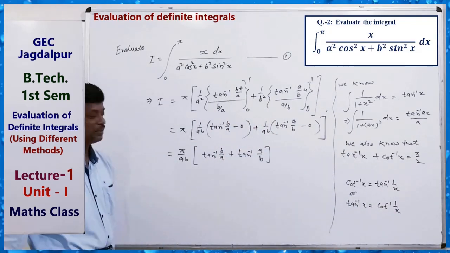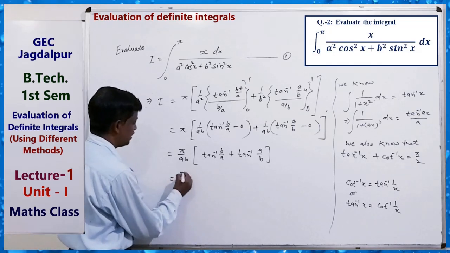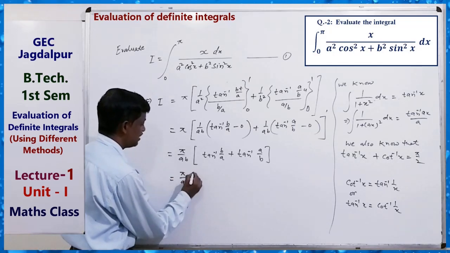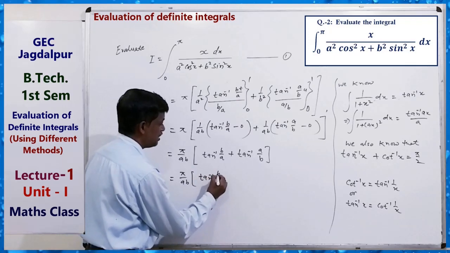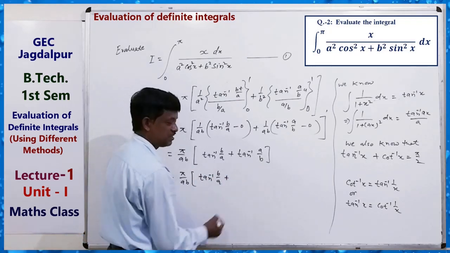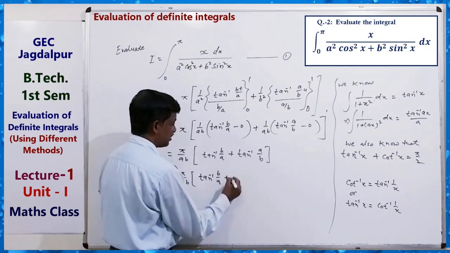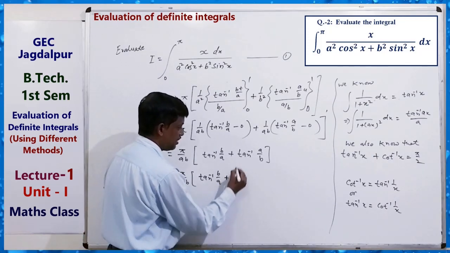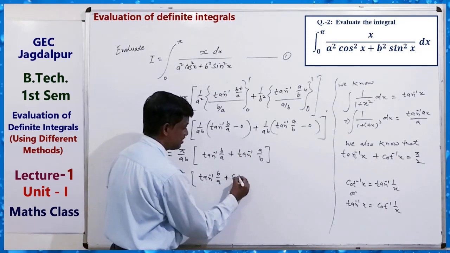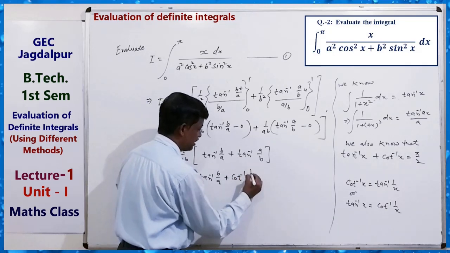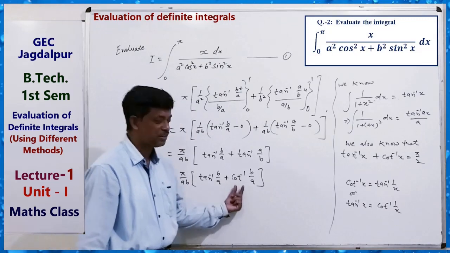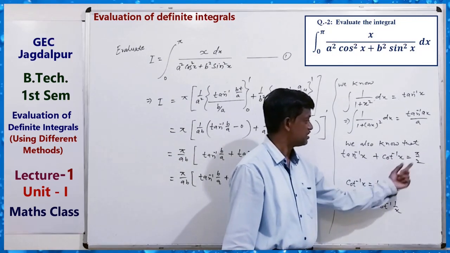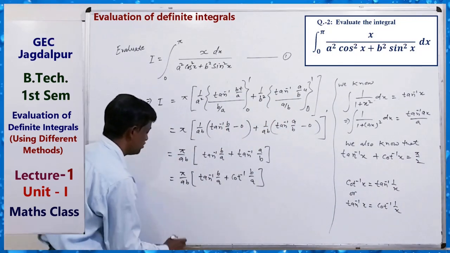So here, pi by ab times tan inverse b by a, plus tan inverse a by b can be written as cot inverse b by a. So tan inverse b by a plus cot inverse b by a, and tan inverse x plus cot inverse x equals pi by 2. This is equal to pi by 2.